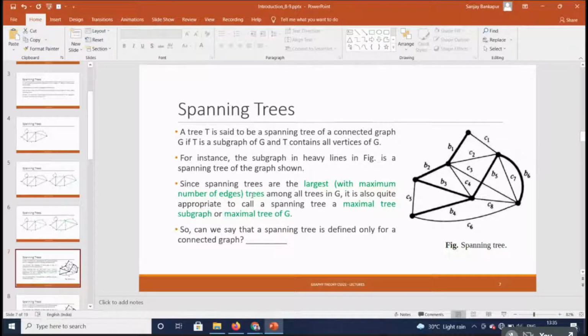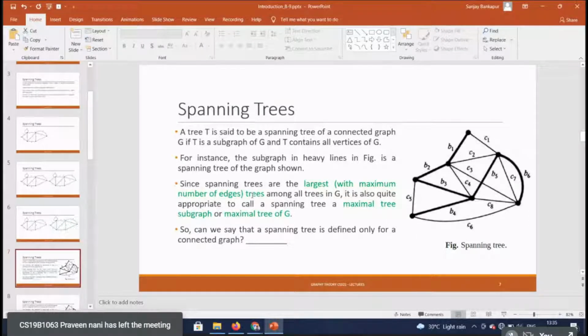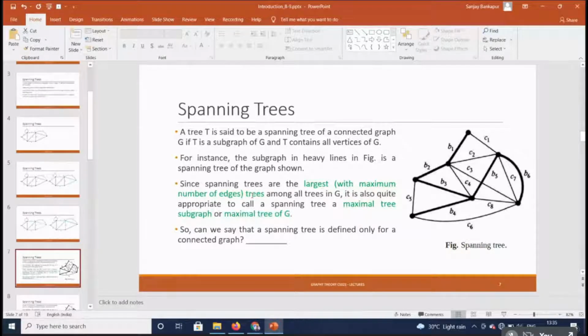B indicates they are the edges of the spanning tree, so they are called branches of a tree. The naming convention is B for branches, and the rest of the edges are chords. They are not part of the spanning tree.